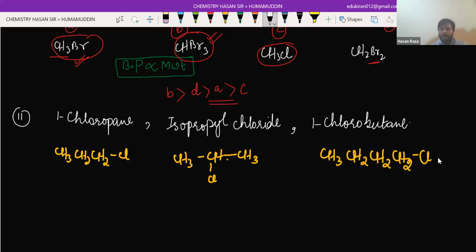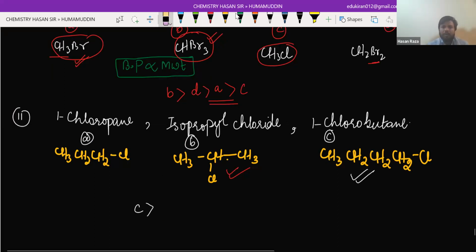Now you can easily see that the maximum molecular weight will be this, so C will be the greatest one. A, B, and C. Now you can also see that there is a branch in the B part. That's why surface area decreases and hence the boiling point also decreases. And there is no branch here, that's why it came here. Is that clear, Austin? Yes, sir.